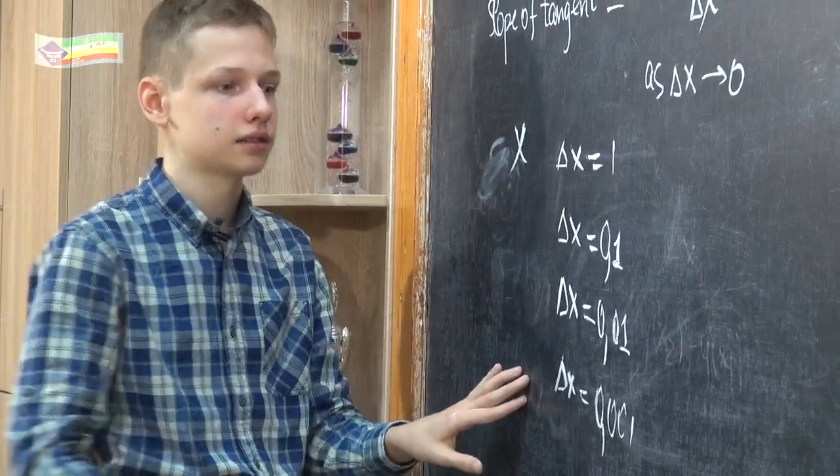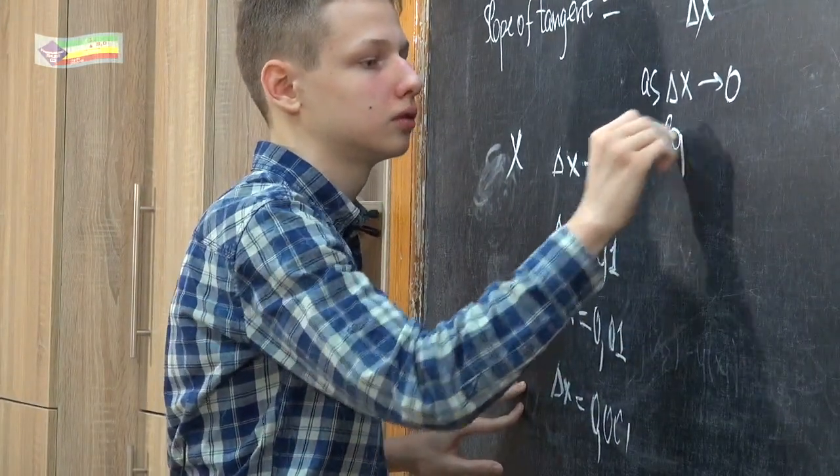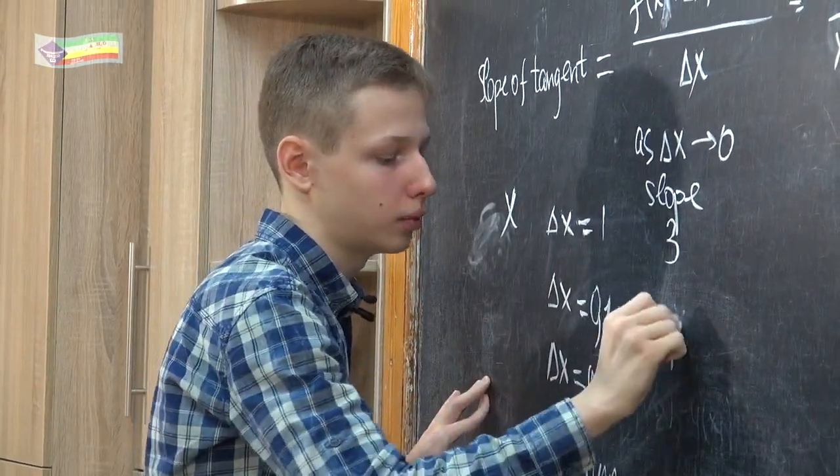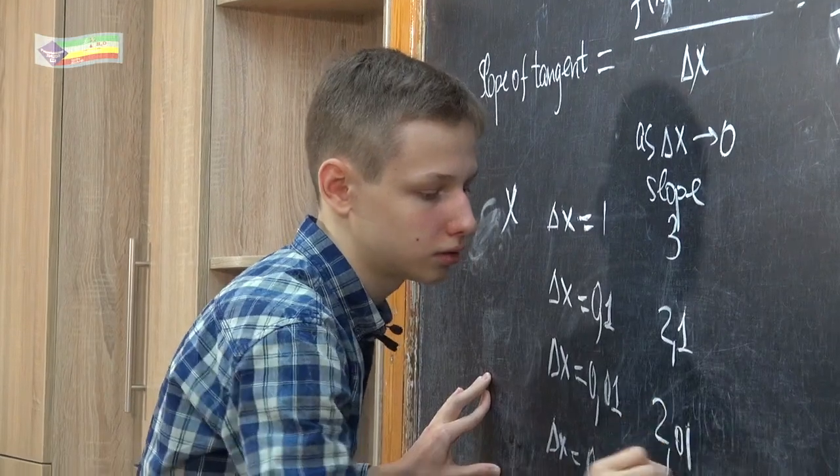And in that case, our slope will get, for example, from 3 to 2, and 1, 2, and 0.